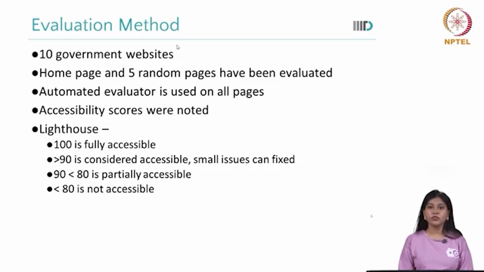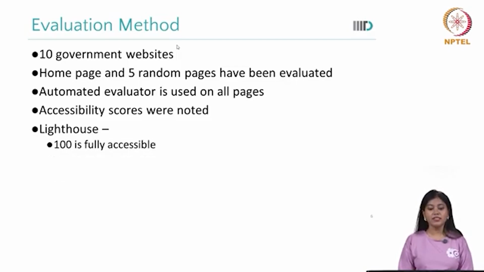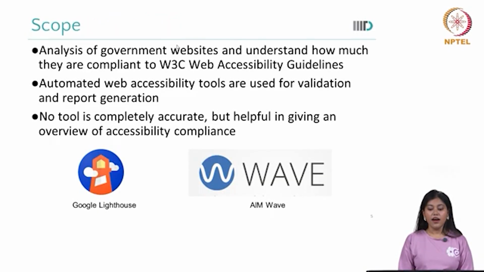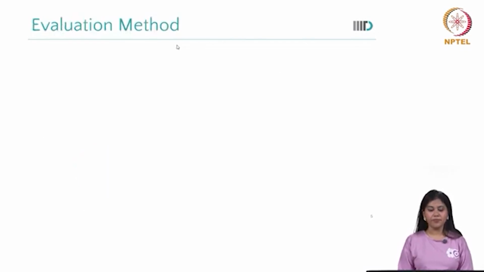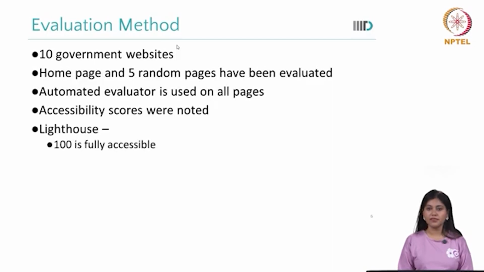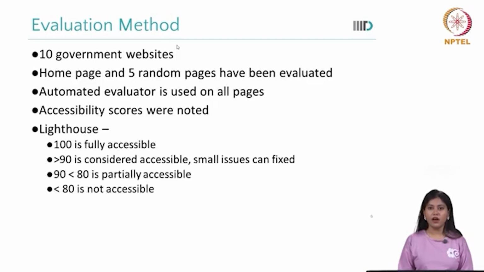As we saw in the last slide, Wave helps us understand various graphical features of the website. So Wave judges based on the graphical features of the website, and Google Lighthouse gives the scores. I hope it's now clear how we will be evaluating the scores and the graphical interface.